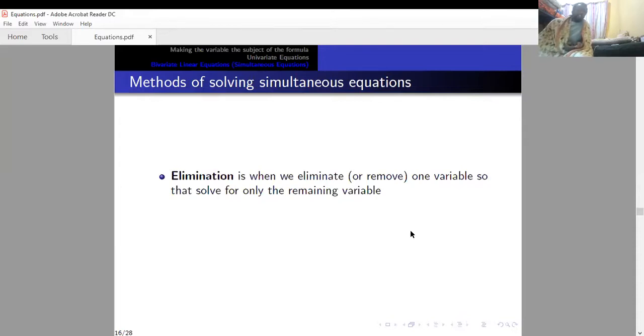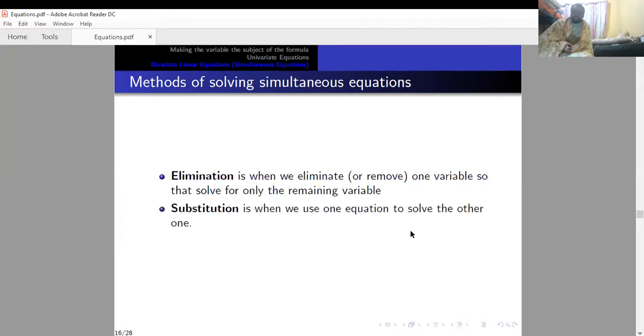You can use any of the 2 variables to solve the equation and cancel the other. It doesn't matter whether you start with x or you start with y. The important thing is one of the 2 variables must be removed. And then whatever remains, you solve that. After you are done, you come back, but of course we'll see the steps.